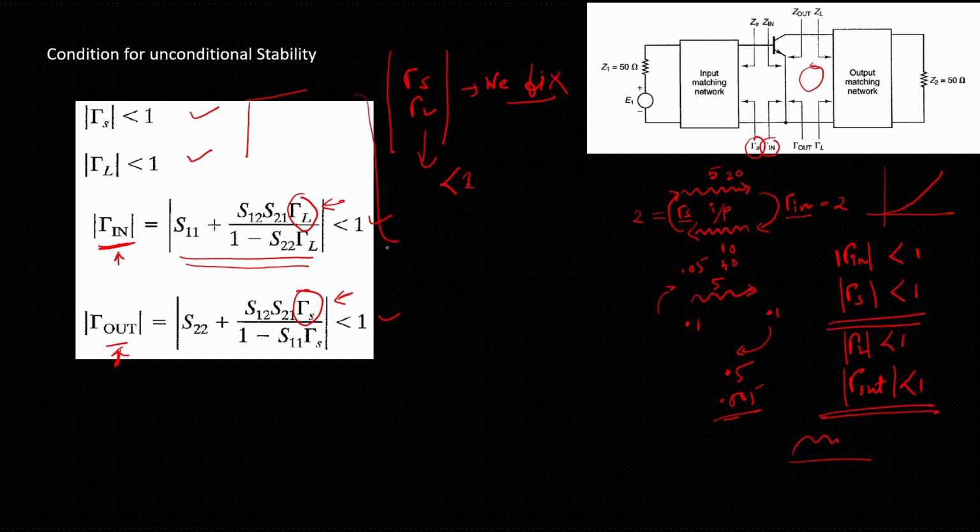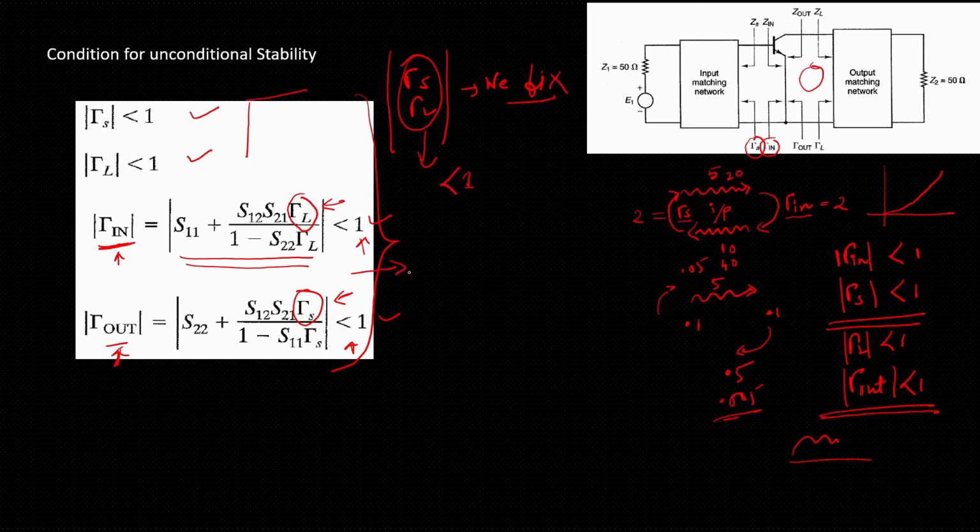So these 4 equations are your condition for unconditional stability. I can choose any matching circuit at input and output, and that will result in gamma in less than 1 and gamma out less than 1.